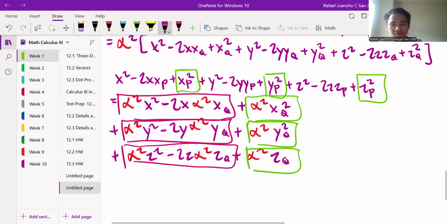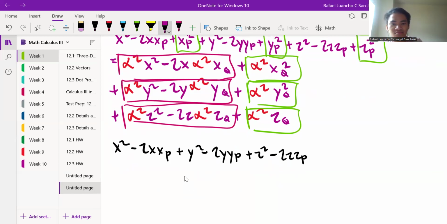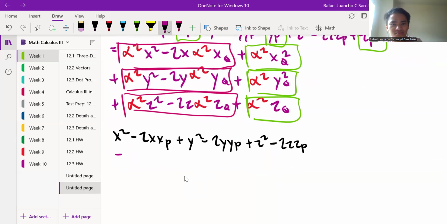Okay, so how is that going to work? Well, from here we basically have x squared. So we copy everything that we haven't boxed: x squared, 2x xp, plus y squared, 2y yp, plus z squared, 2z zp. And then here we subtract these. So this is going to be minus alpha squared x squared plus 2x alpha squared z x cubed.